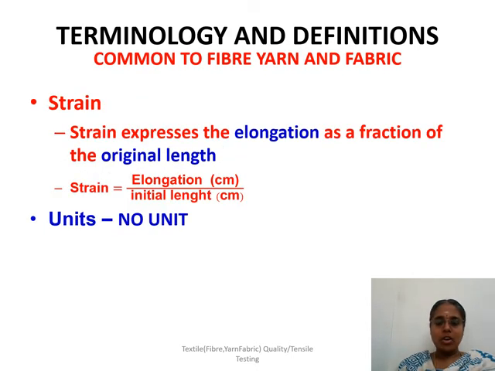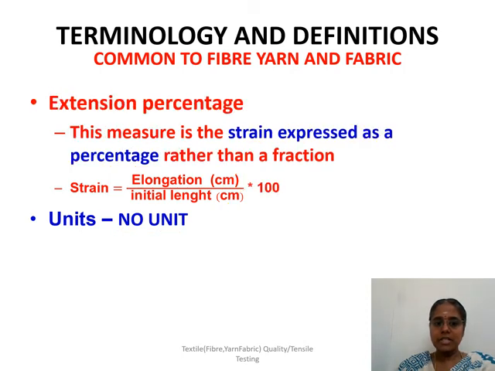Usually, instead of giving elongation directly, you have to convert it into strain, because the initial length may be different. Strain is elongation divided by original length. So this is the change in length divided by original length. The centimeter and centimeter get cancelled, so strain has no unit.